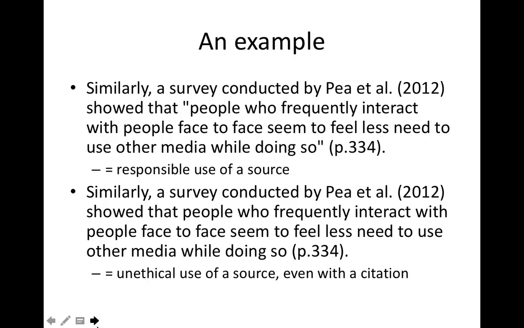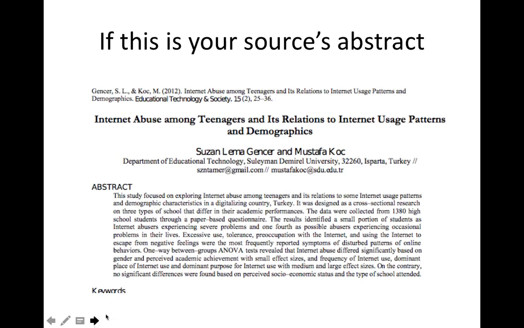The same sentence without the quotation marks is an unethical use of a source, despite the fact that there's a citation. Just the fact that you include a citation does not get you out of having to think about language, of having to think about whether you're using the source's language or whether you're paraphrasing. Keep that in mind.